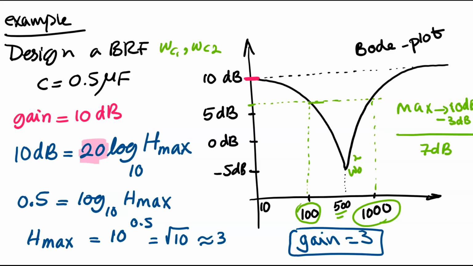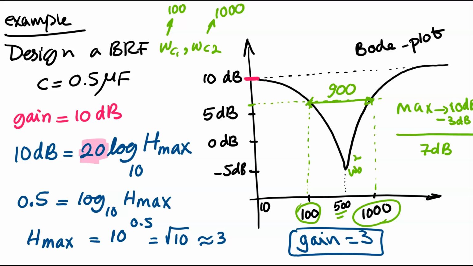The difference between these two is my bandwidth, which is 1000 minus 100, equal to 900. Here I'm looking at two cutoff frequencies, 100 and 1000, which I can consider widely separated.